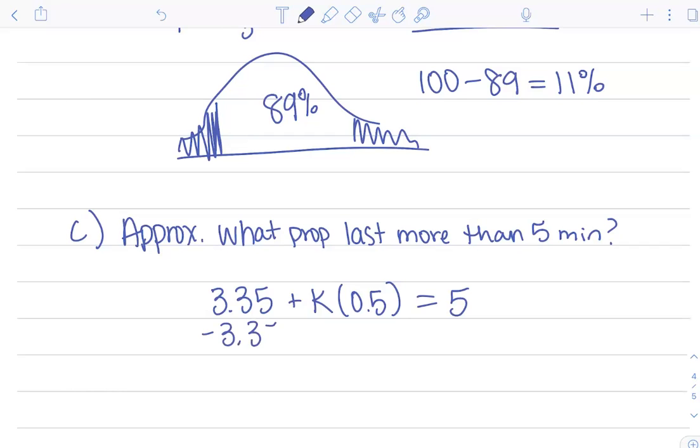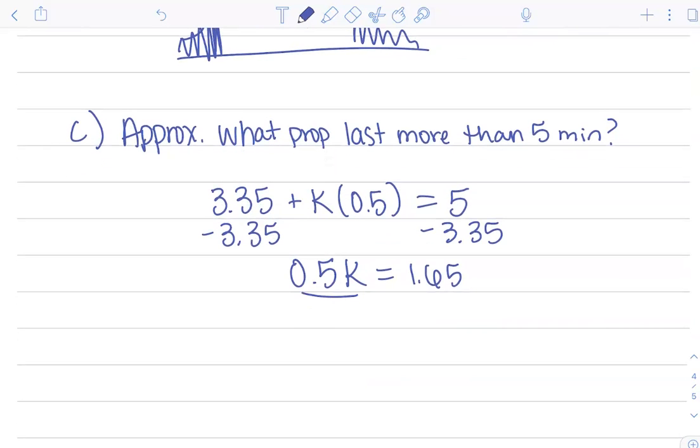So remember, we can start by subtracting 3.35, and I'm going to rewrite this as 0.5k. We subtract, we do 5 minus 3.35, we get 1.65. Divide by 0.5, divide by 0.5, and that gives us that k is 3.3 standard deviations.